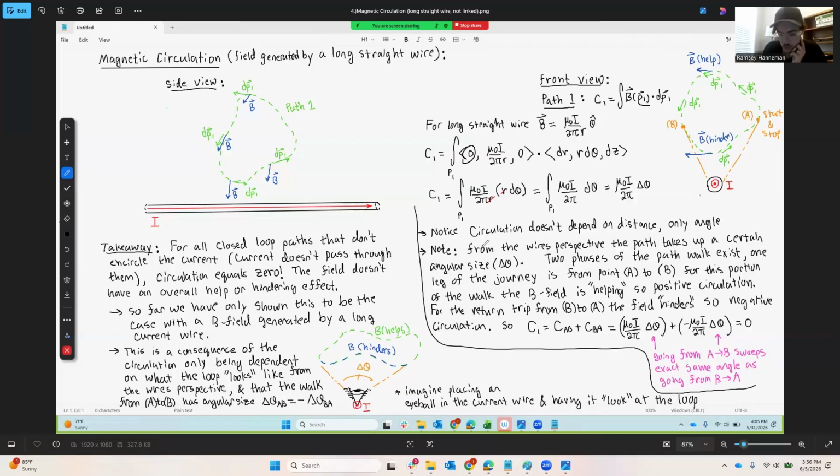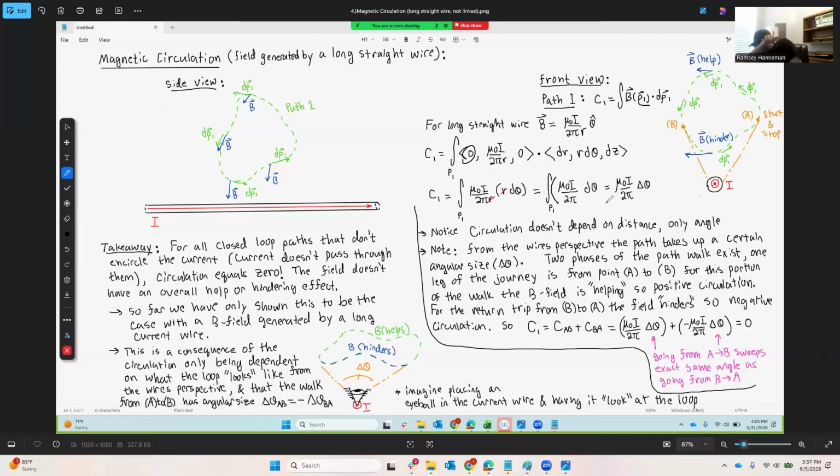What's really interesting is notice when we do that dot product that the radius cancels. The radial scaling from the displacement cancels with the radial fall off from the field decaying. And all we're left with is this constant mu naught I over 2 pi integrated with respect to theta.